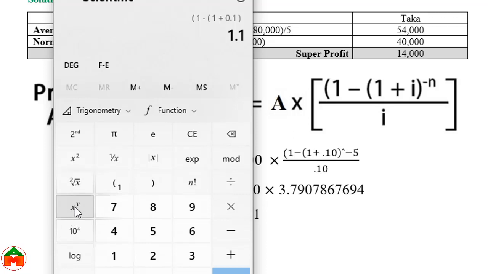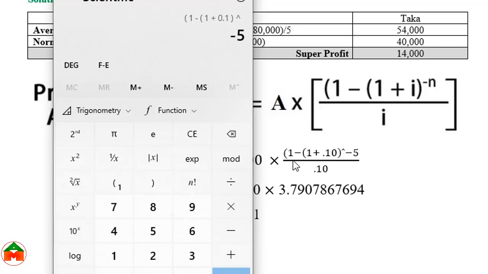We can see this is the to the power sign. Then we will write the minus 5 as the power.